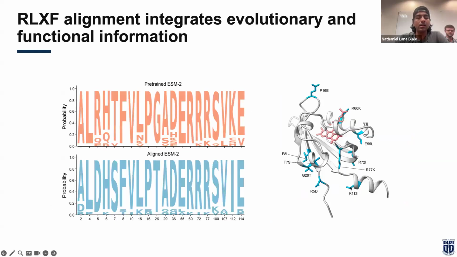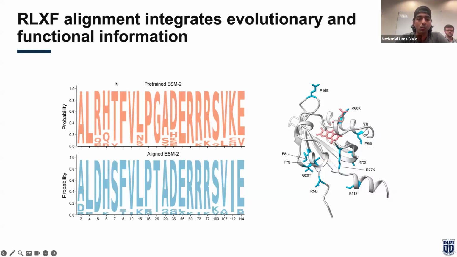Just the last point that I want to make here, once again, you can see in the sequence logos between pre-trained ESM2 and aligned ESM2, after alignment, you shift the probabilities of preferred amino acids across a subset of residues that are known to be functionally or structurally important.